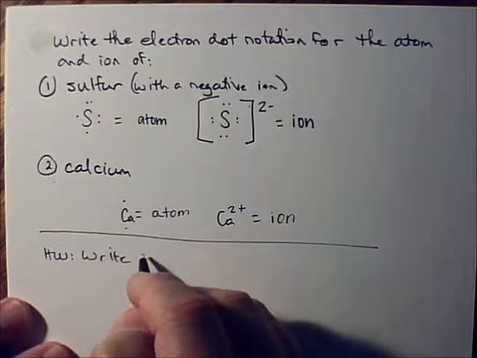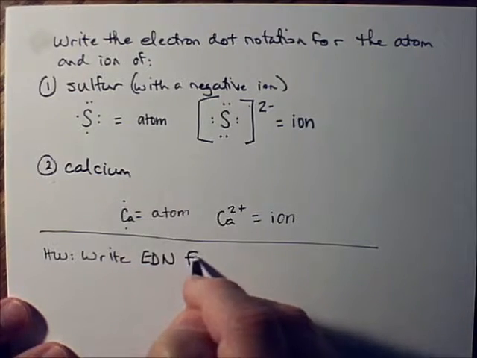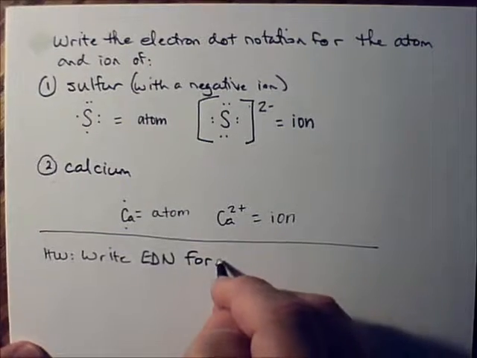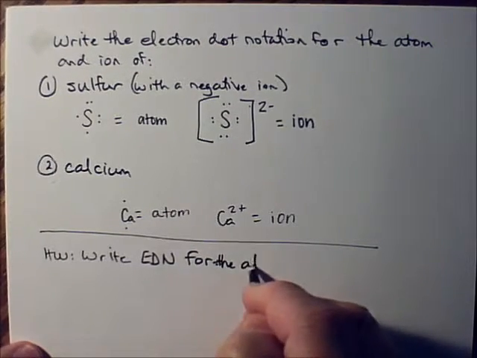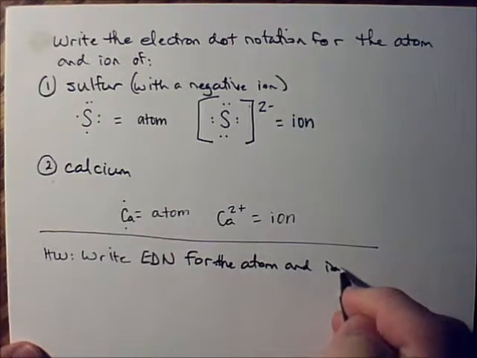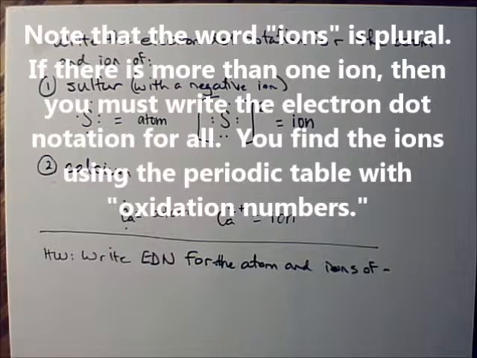Okay, so we're going to write electron dot notation for, let's see, how about we say for the atom and ions of, you want to do zirconium?